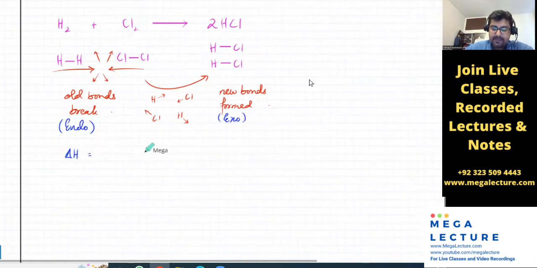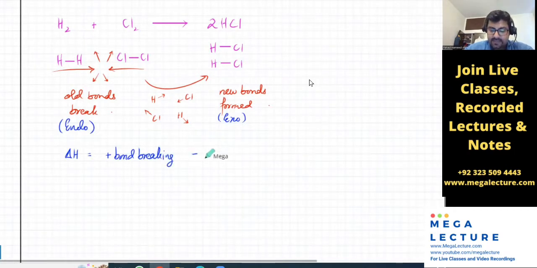So the first formula is going to have a positive sign for the energy that is consumed during bond breaking, or needed for bond breaking, and minus, because it's exothermic, the energy that is released during bond formation.